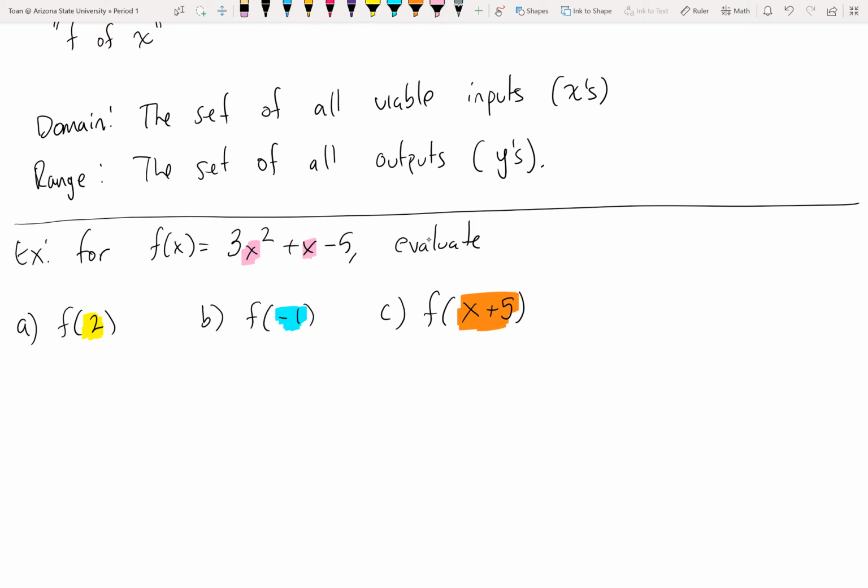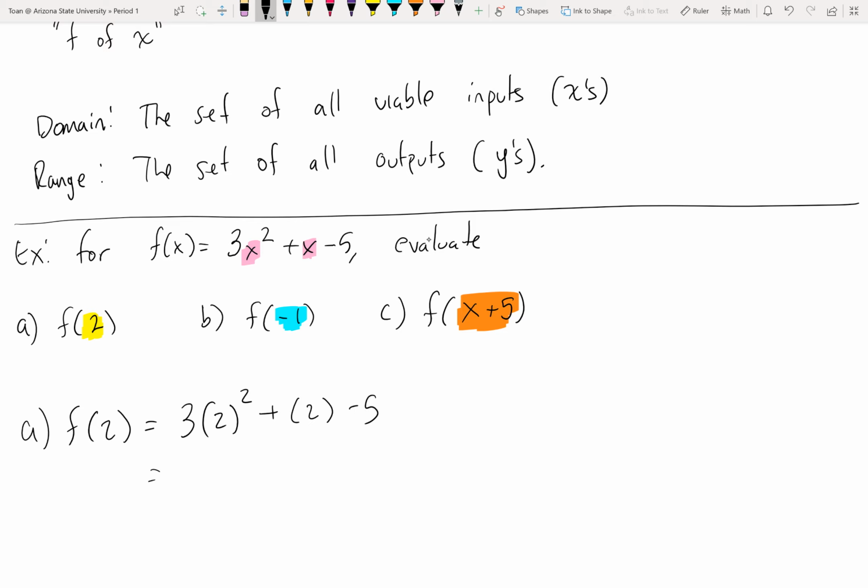That's all function notation says. So for letter A, I'm going to just copy down this guy, 3x squared plus x minus 5. The only difference is wherever we see an x, I'm going to put a parentheses 2. So I guess I should write f of 2 equals 3, instead of x, just write parentheses 2 squared, plus instead of x, write parentheses 2 minus 5.